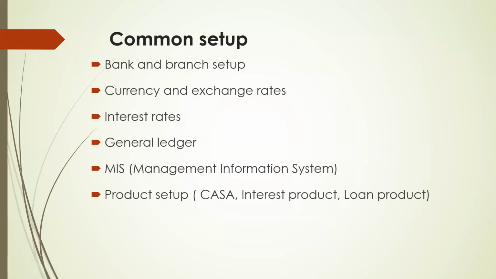For that, we may have to create a new product. Underlying that, we will have some interest product attached. Sometimes in a savings account, if I maintain more than 10,000, I will give a different rate. If I maintain more than 10 lakh, I will give a different rate. So like that, with slabs, they may come. For that, interest product will be attached.